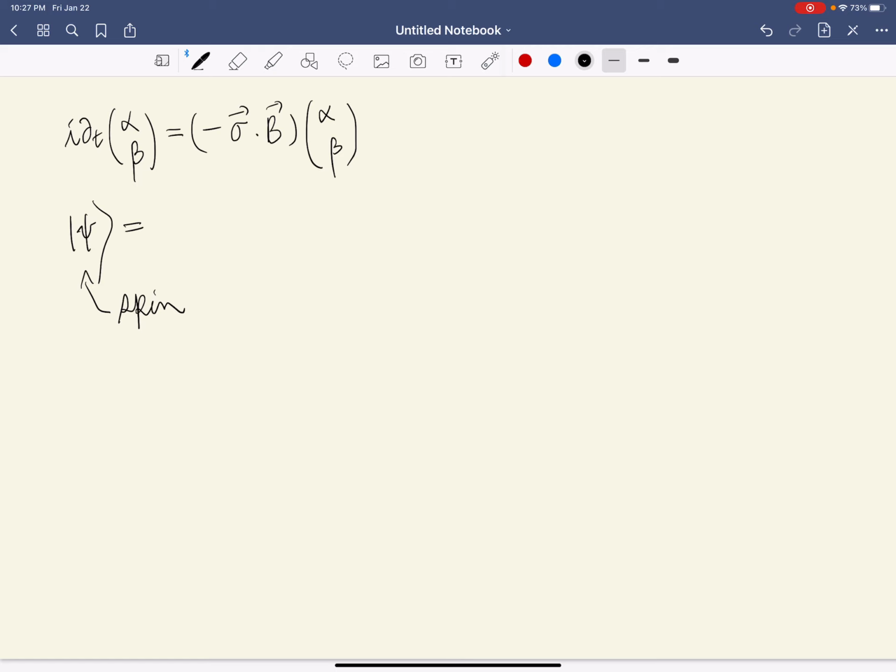So this is a wave function for the spin of the electron, but not for its center of mass motion. And it's given as the superposition of the spin up state and the spin down state. And all the time dependence, of course, comes from the time dependence of these two coefficients.